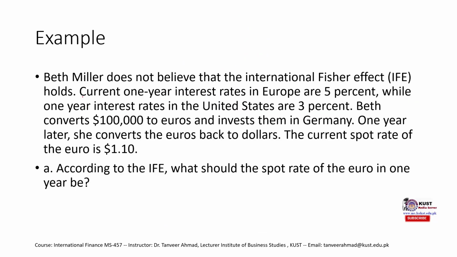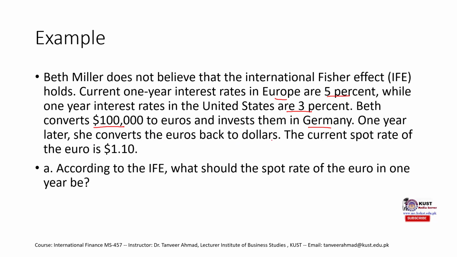Okay, this is our last example. Beth Miller does not believe that the international Fisher effect holds. Current 1-year interest rate in Europe is 5%, while the 1-year interest rate in the US is 3%. Beth converts 1 lakh dollars to euros and invests them in Germany. 1 year later, she converts the euros back to dollars.